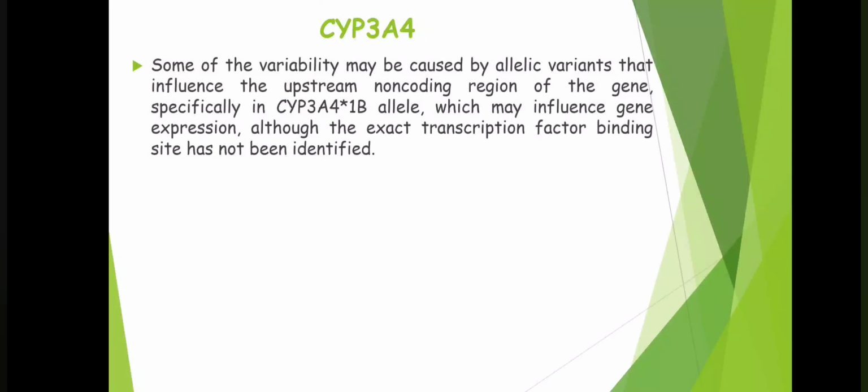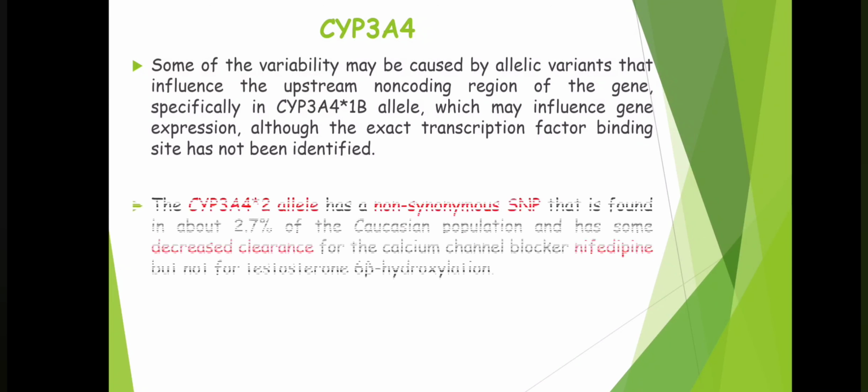Some of the variability may be caused by allelic variants that influence the upstream non-coding region of the gene, specifically the CYP3A4*1B allele, which may influence gene expression, although the exact transcription factor binding site has not been identified.